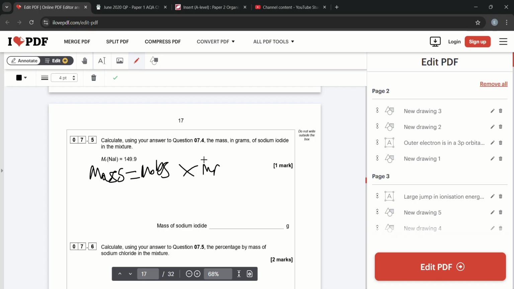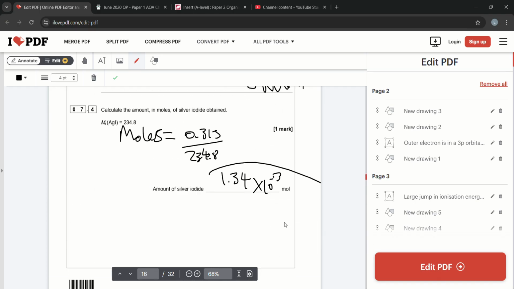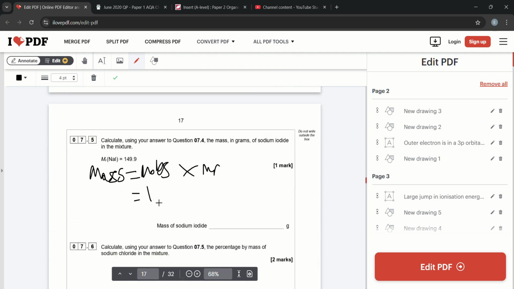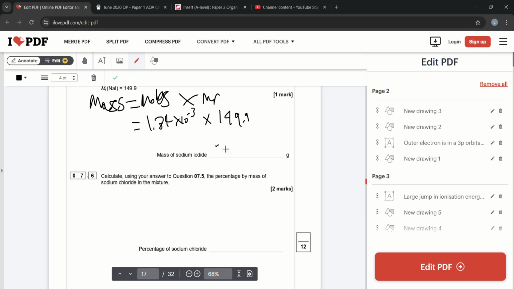Using the answer to 7.4, 1.34 times 10 to the power minus 3 moles, times the Mr of sodium iodide, 149.9, gives 0.201 grams. It's already given us the units, we don't need to include the units. That's fine.